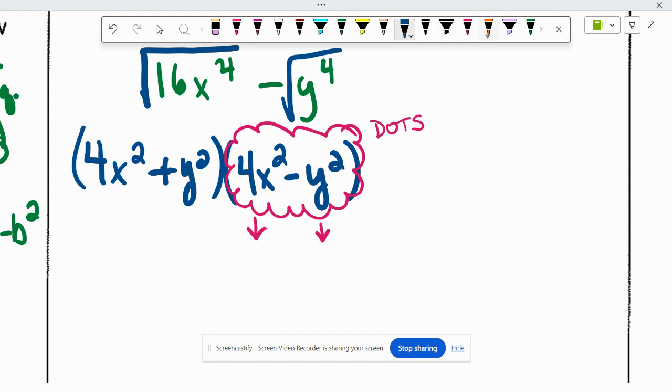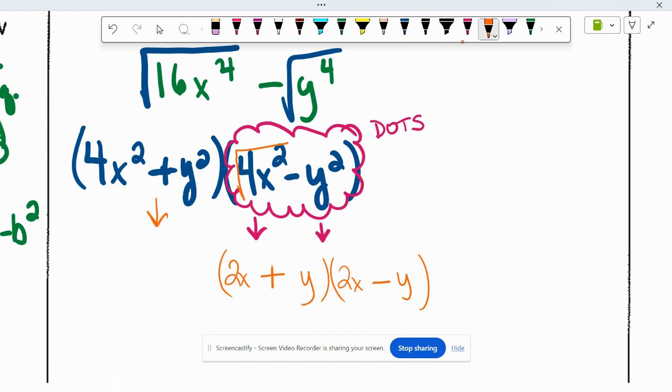So I have the square root of 4x squared is what? What is the square root of 4 and the square root of x squared? 2x. What is the square root of y squared? Y. What do I need to join those with? Plus and a minus.